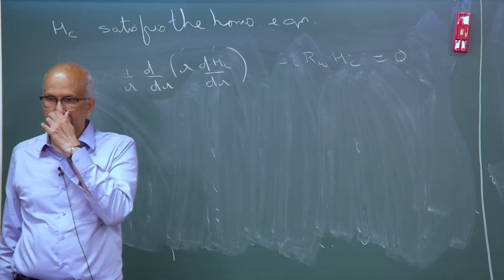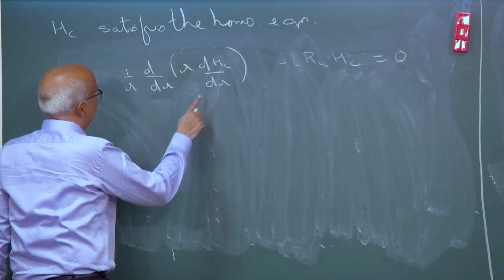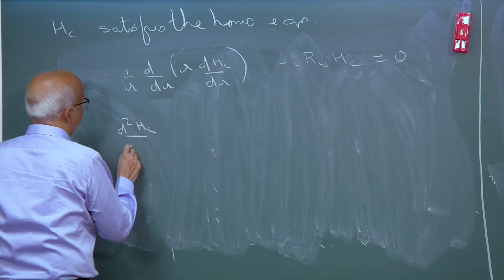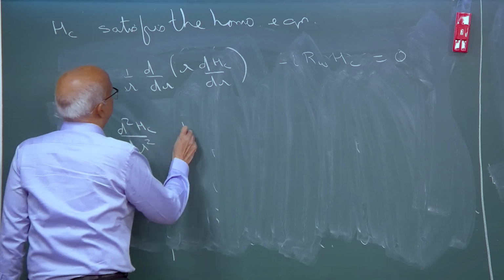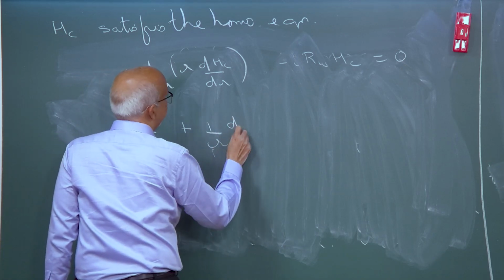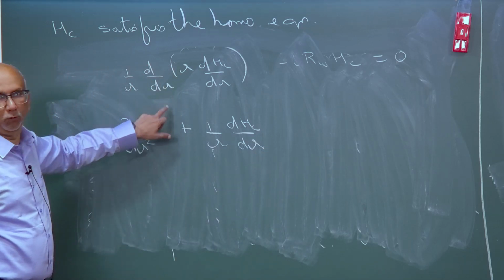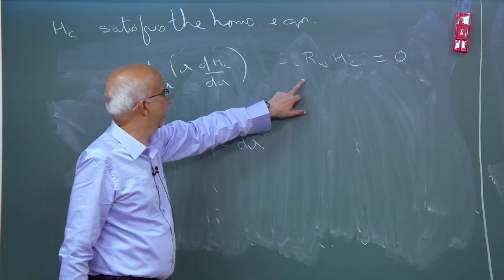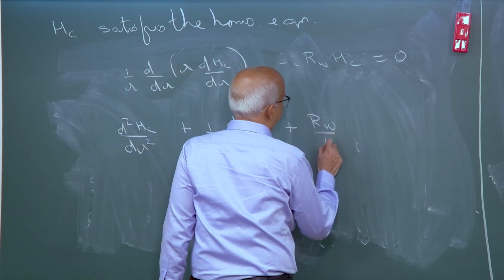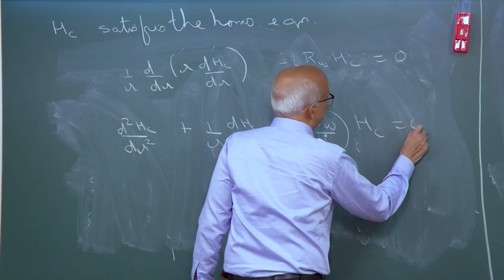I am going to expand this by the product rule. So, I get d square H_C by dr squared plus 1 by r dH_C by dr. This is just the product rule. And this one I am going to write as plus RW divided by I times H_C equal to 0.